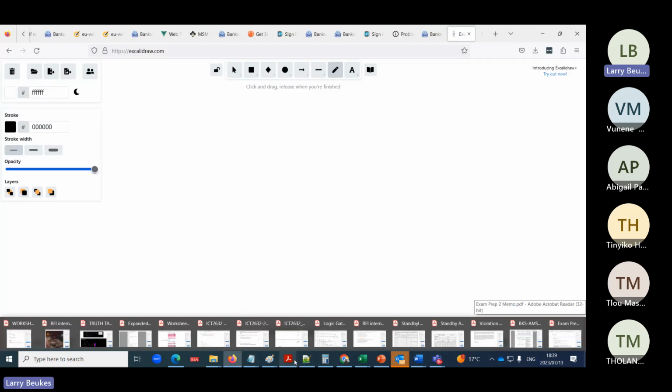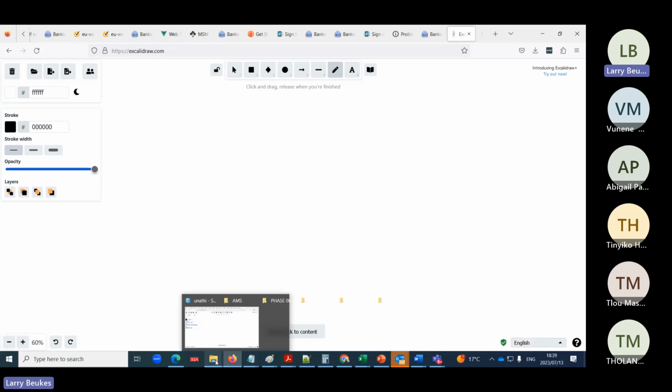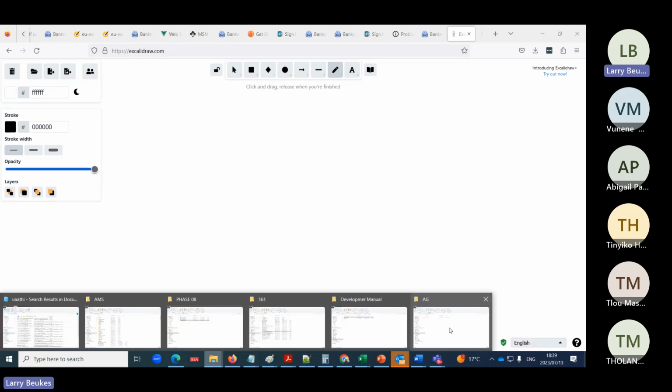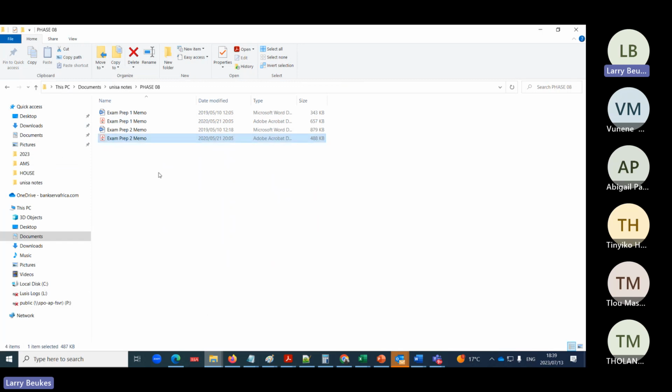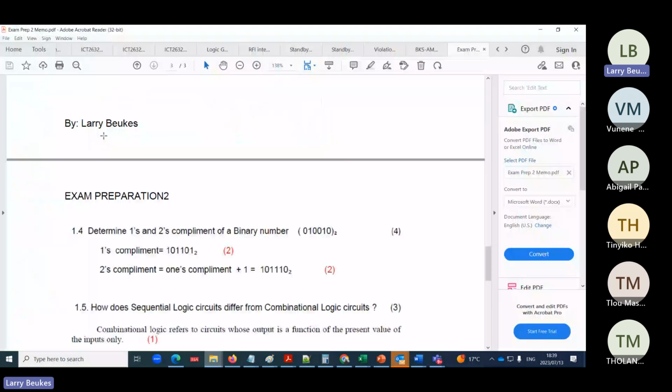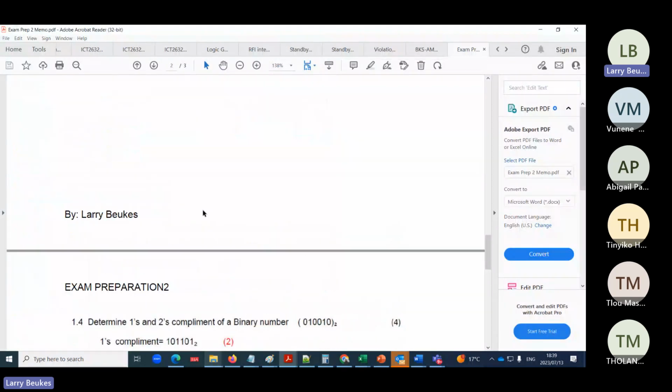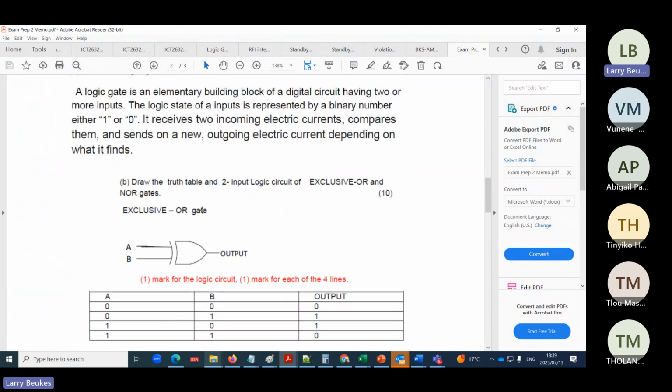So I can't discuss those ones, sorry guys. But there will be similar examples here. And it's always easier to study from a memo. For me, I feel like it's easier to study from a memo because you can see where you went wrong, right?